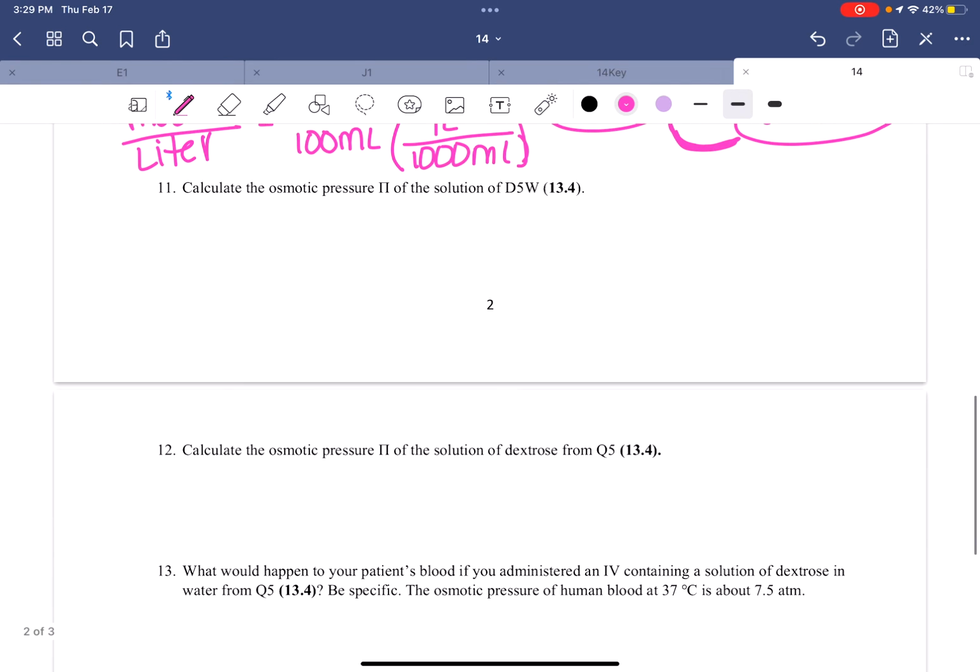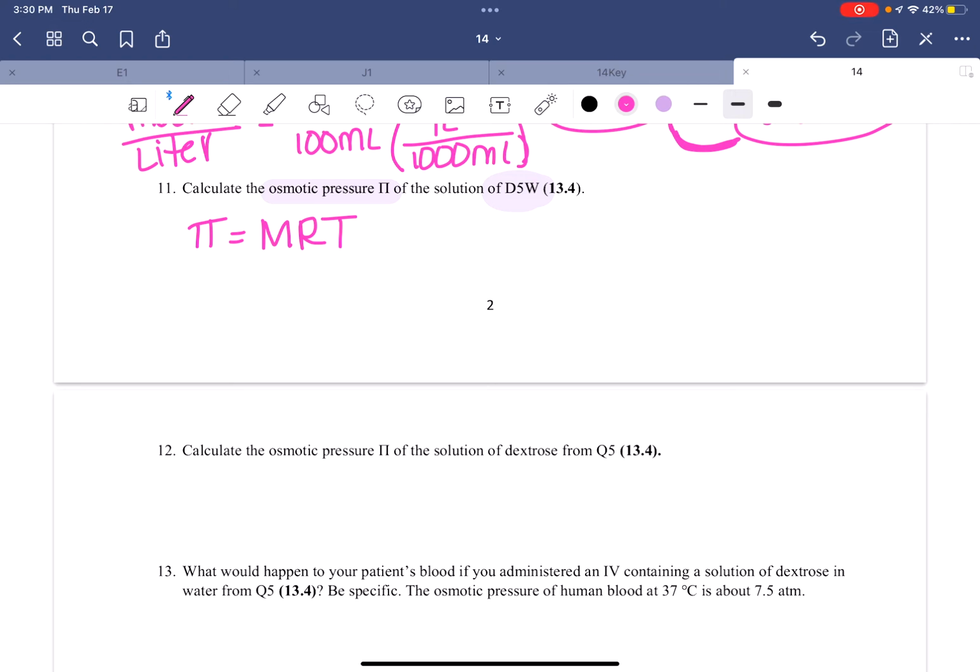So question 11 continues to ask about the D5W solution, so just keep that in mind. But then it wants you to calculate the osmotic pressure of this solution. The symbol for osmotic pressure is this funky looking Greek letter, and that's equal to the molarity of the solution, capital M, times the gas constant, capital R, times temperature.